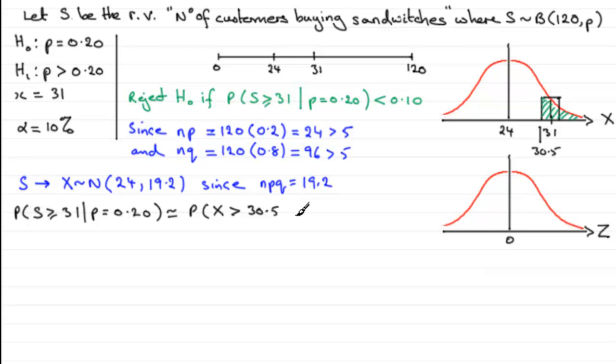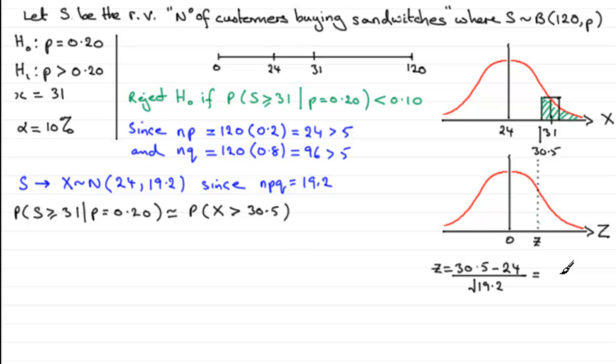So if we work that out, we need to get the corresponding Z value in the standardized distribution. Z equals the observed value, which in this case is 30.5, minus the mean, 24, all divided by the standard deviation, and that's going to be the square root of 19.2.